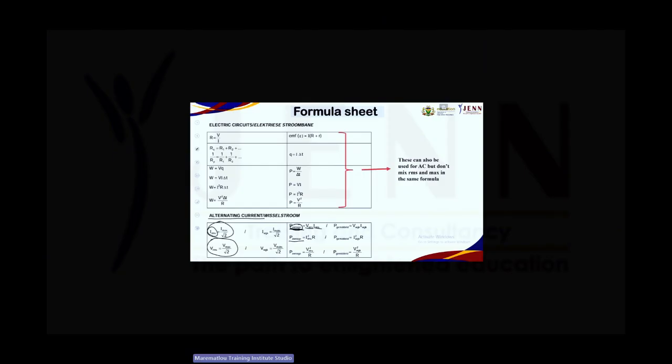Now, just before I carry on, you will see that you have Ohm's law as well. So you have R equals V over I. Now, when you work with that equation, you also have to use your subscripts for alternating current. So remember, we are working now with our VRMS, so you have VRMS as well as your IRMS.